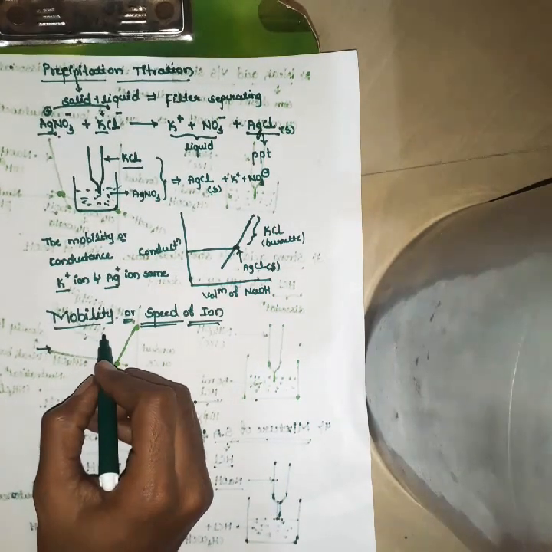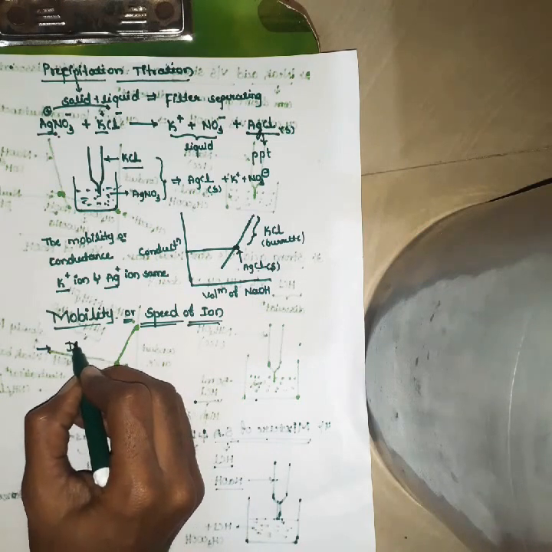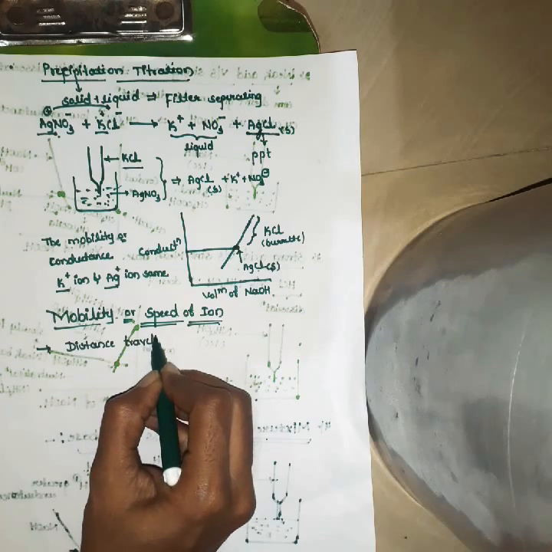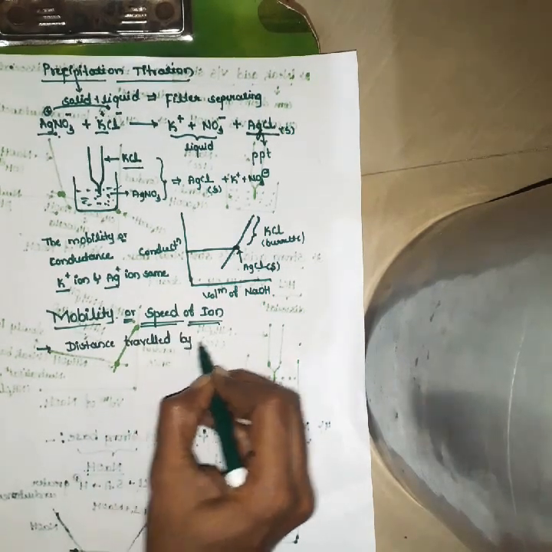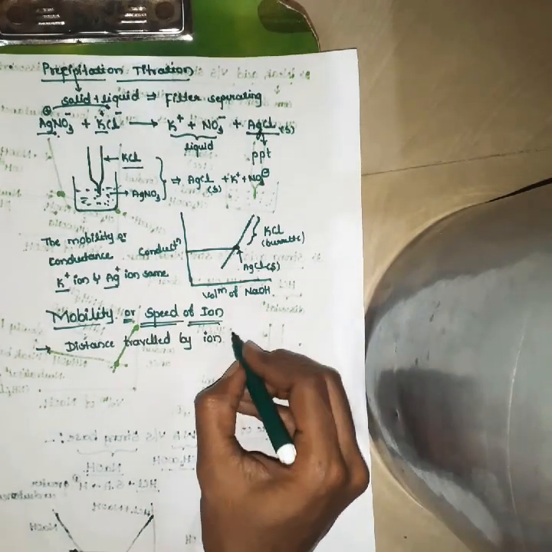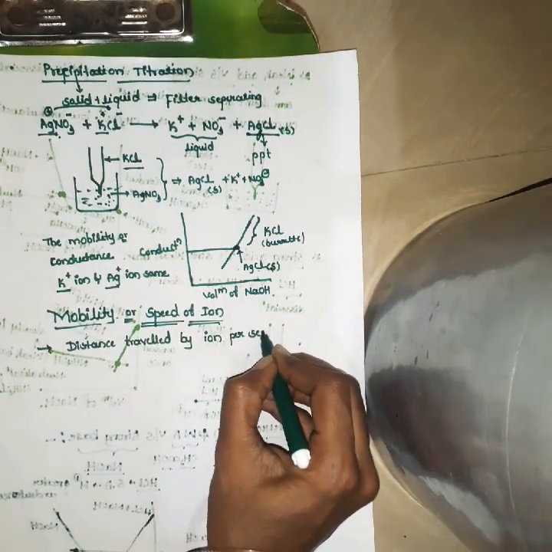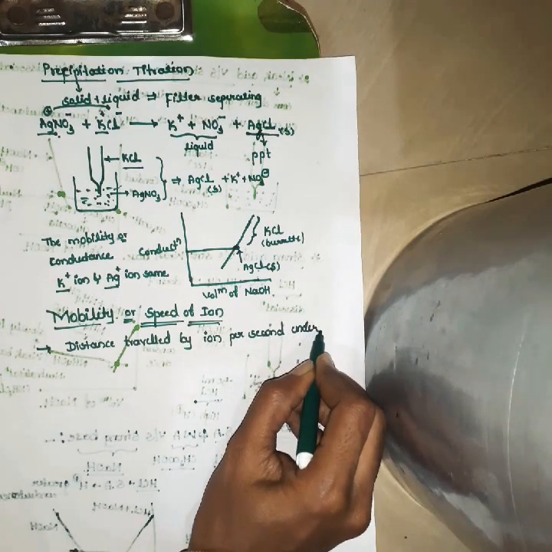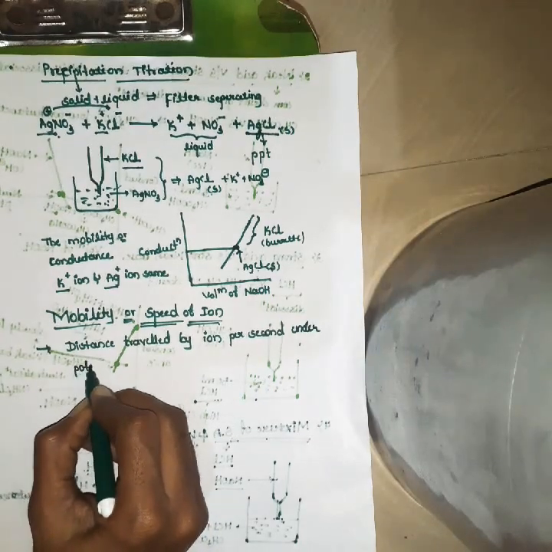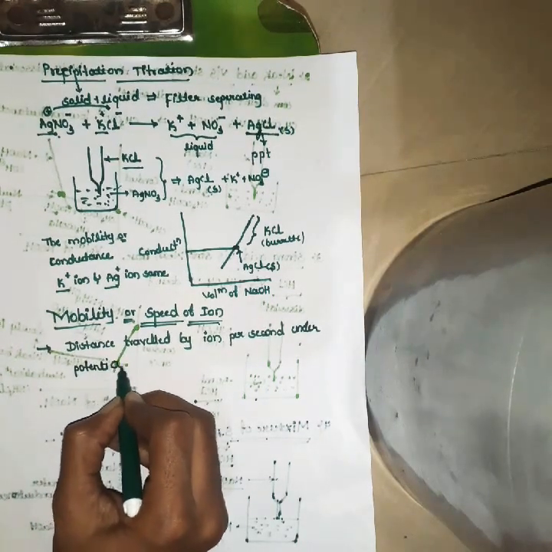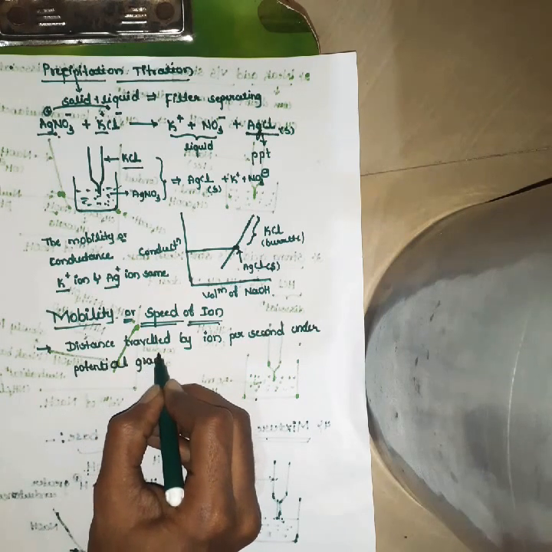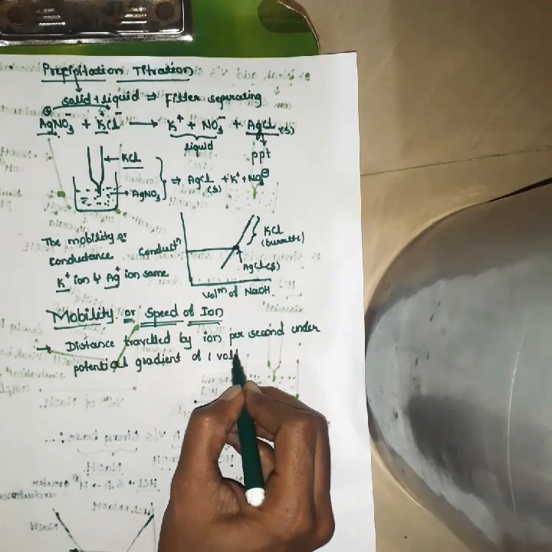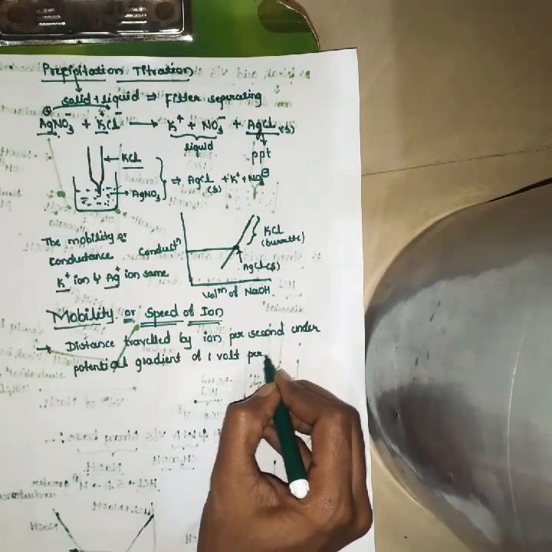Mobility is defined as the distance traveled by the ion per second under a potential gradient of 1 volt per meter.